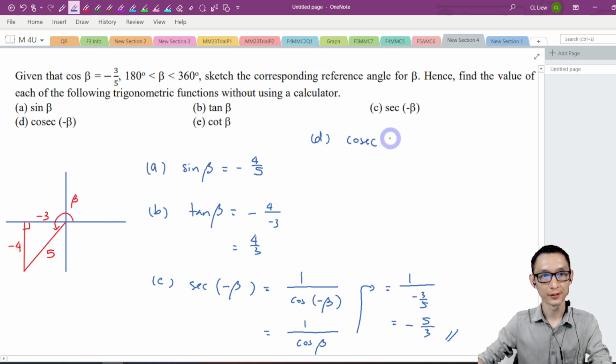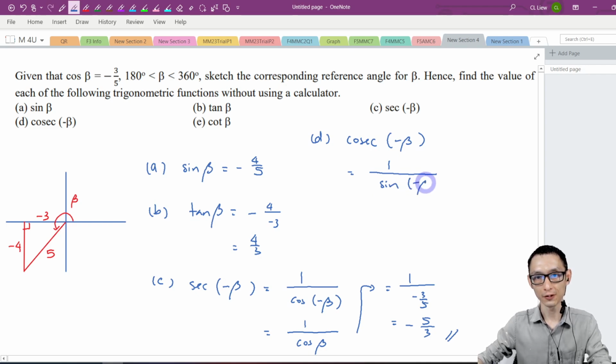Cosecant negative beta. So cosecant negative beta is equal to 1 over sine negative beta. As I told you just now, for sine, a negative angle, we add a negative in front of it, and we change the angle to positive.